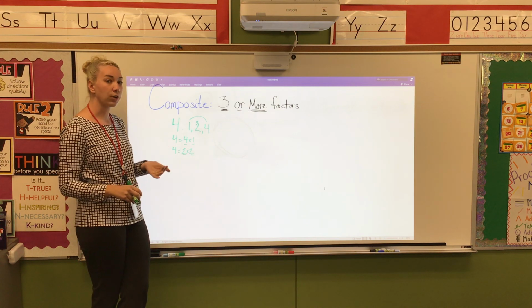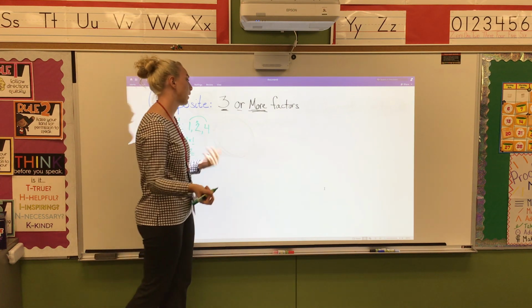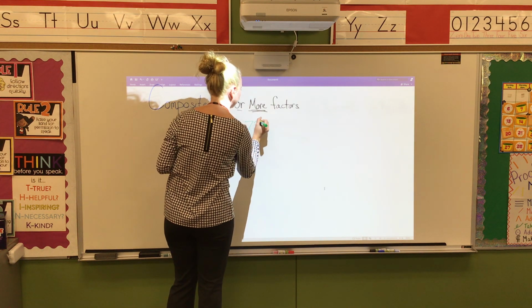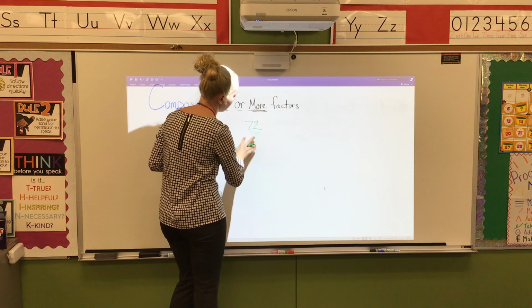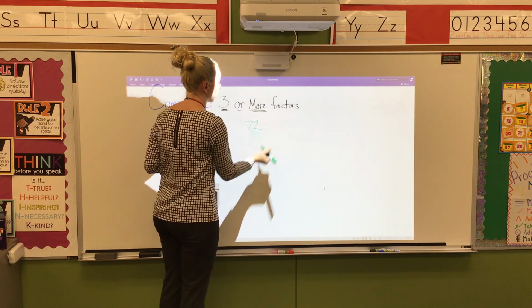We can get a lot bigger though. We can have numbers like 72. 72 can have a lot of different factors.